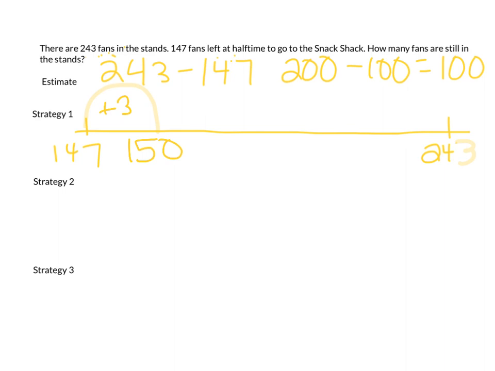And then we're at 150. To get to 200, we could ask, 150 plus what is 200? Or if we just kept adding tens, we could do that as well, whatever you find easiest. But we remember we want to try to be efficient. So 150 plus 50 is 200.